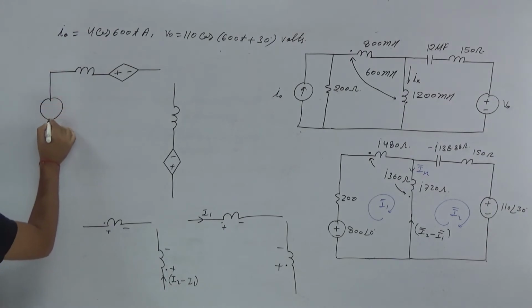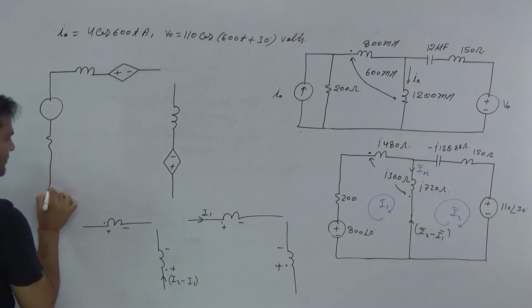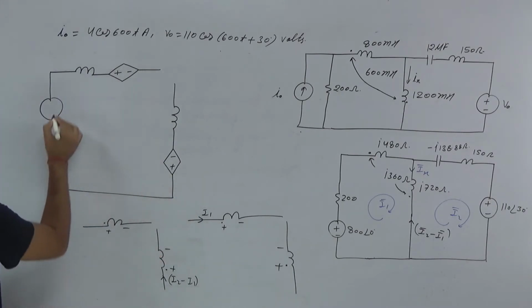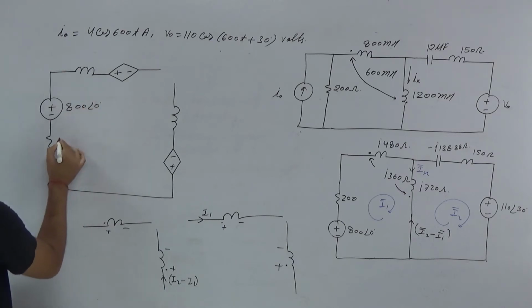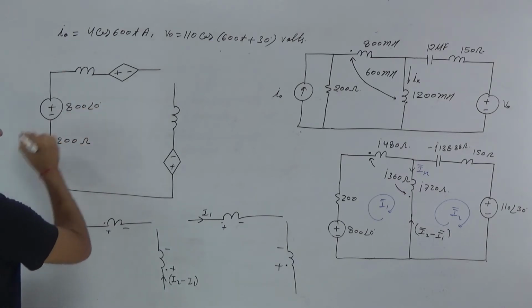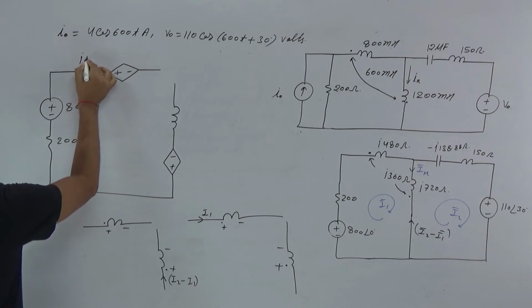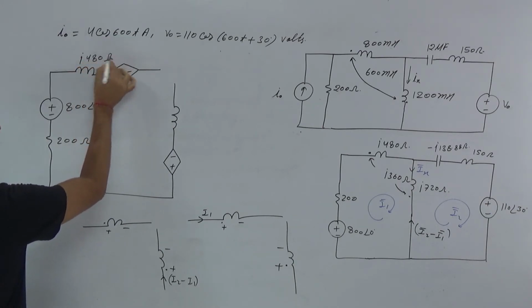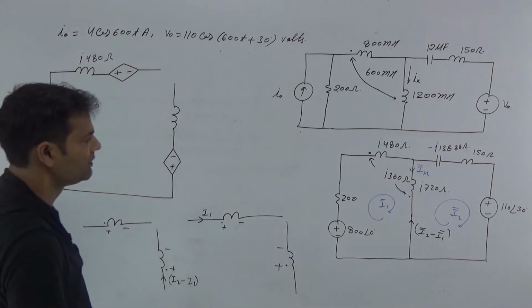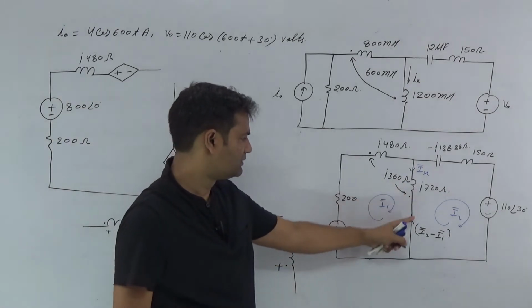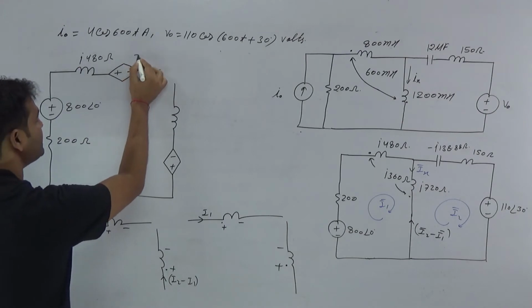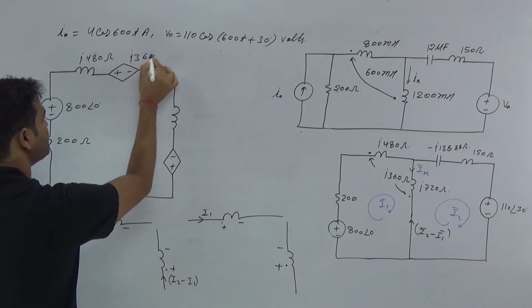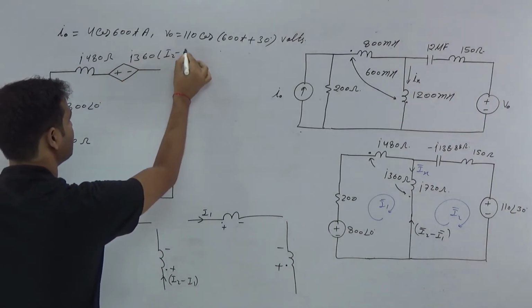And the other element, that is plus minus, that is 800 at the angle 0, and here 200 ohm, and that is J480. Okay, and that is I2 minus I1, here J360 (I2 minus I1).